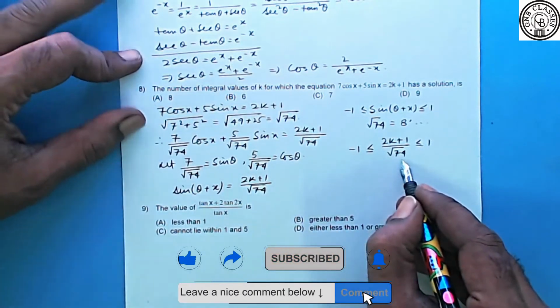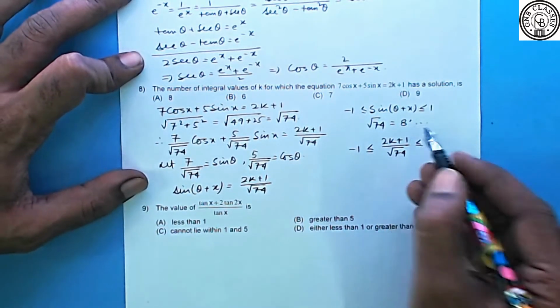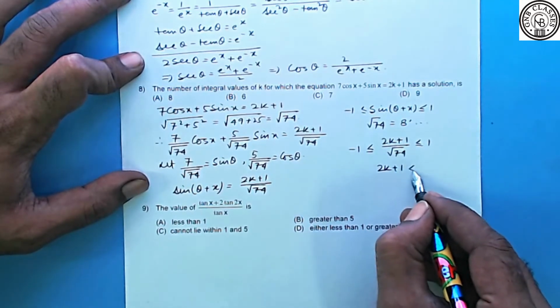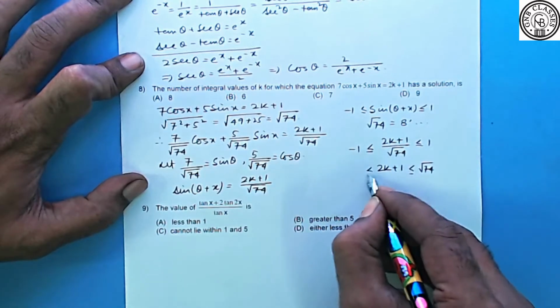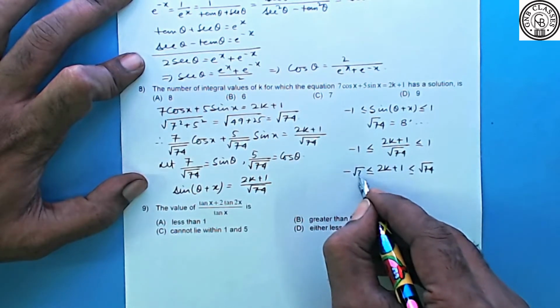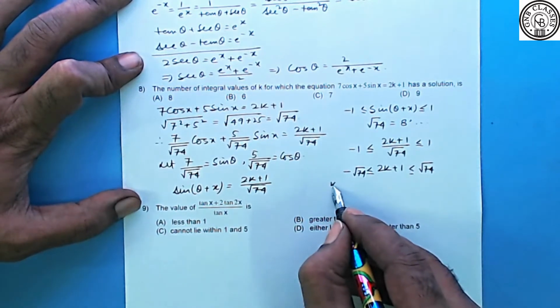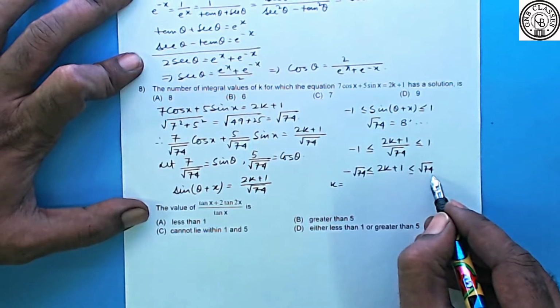This means that the magnitude of 2k plus 1 should be less than or equal to root 74. Is it okay? Always remember, root 74 is 8 point something.